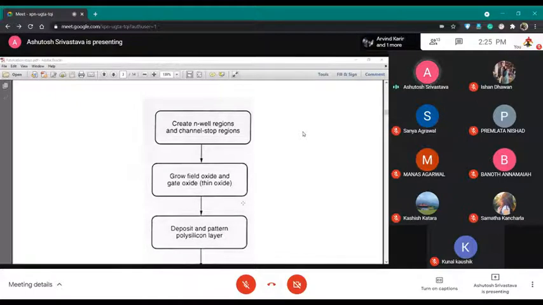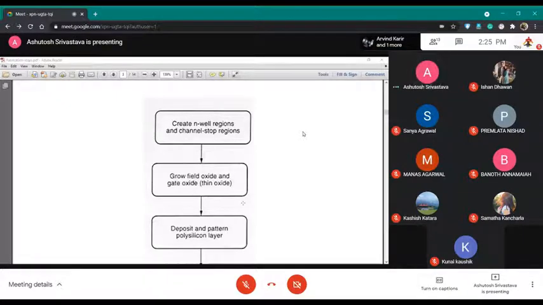That it has a density of the order of 10 to the power 10 per centimeter cube. So that is an intrinsic silicon semiconductor, in which you form an N-well. So you do ion implantation and make an N-well into the substrate.